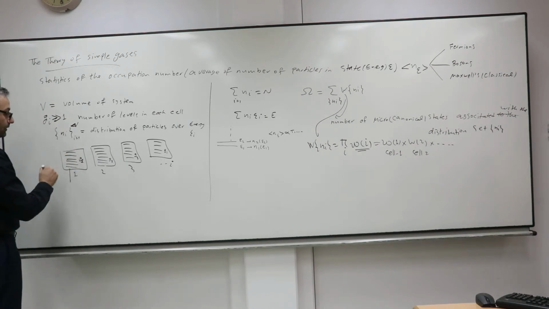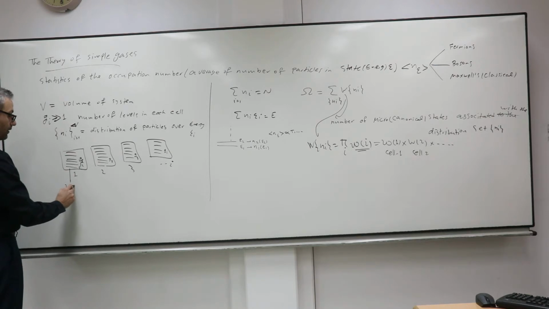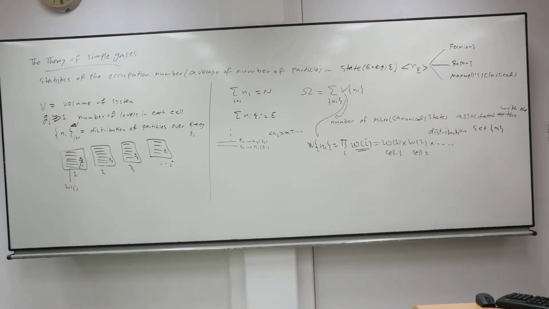If you know which kind of particle is here, you can calculate the Wi by the factorials, by the countings. If the number of energy levels and particles is small, you don't need the factorial, you can just count by hand. If there is a big number, you need to calculate by factorial, by combinatorics.